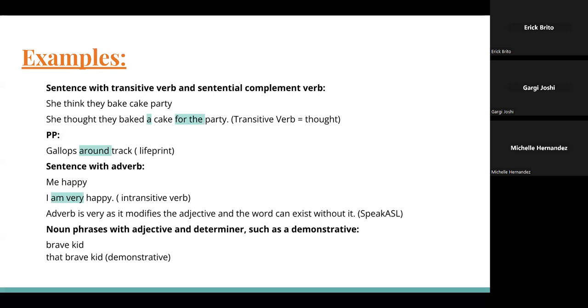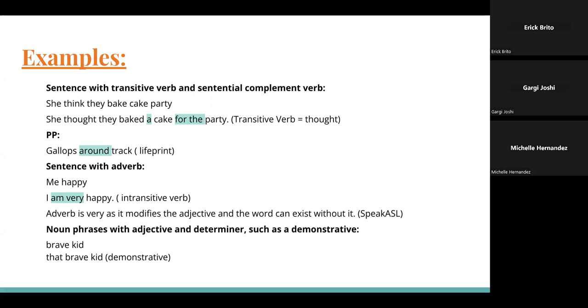Thought is the transitive verb, and "they baked a cake for the party" is the sentential complement. When you translate it into ASL, it's "she think, they bake cake party," using she and they as inflection references, meaning that when someone uses she, they don't say the word she, but they point to the person she, and then they point to the person they.